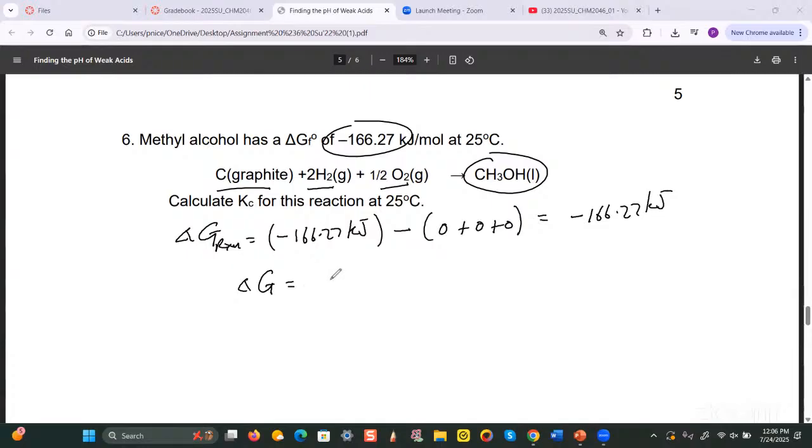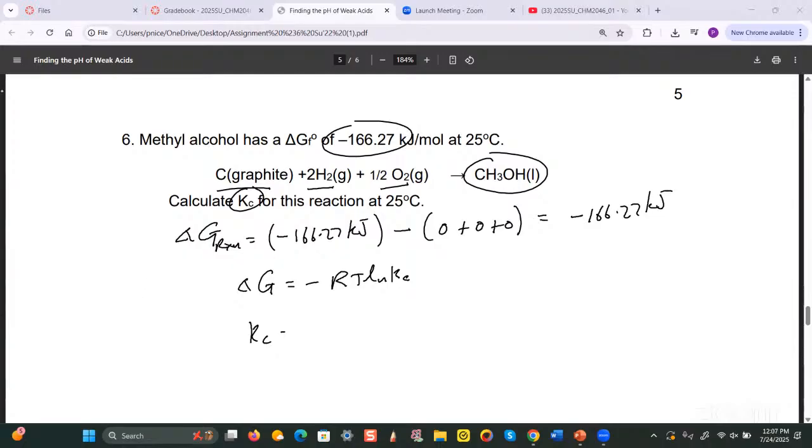Now, if you remember the equation I showed you, it was delta G for the reaction is equal to minus RT ln K. What the question is asking for is Kc. So if delta G is equal to minus RT ln Kc, then what would Kc be equal to? Anybody? Delta G divided by minus RT.